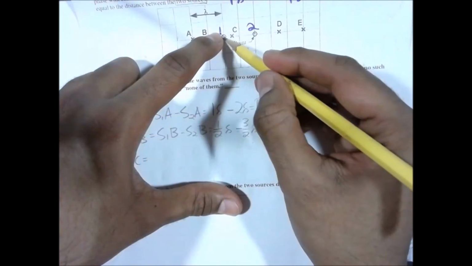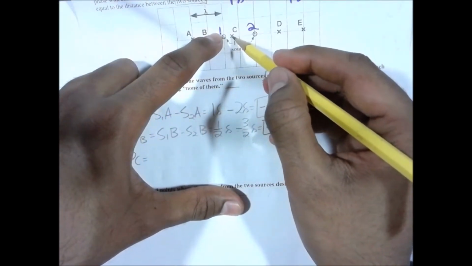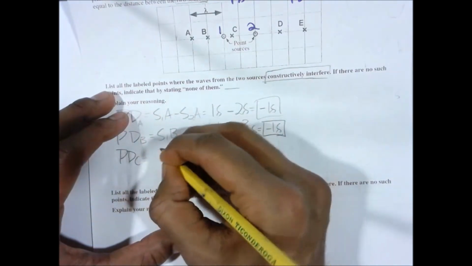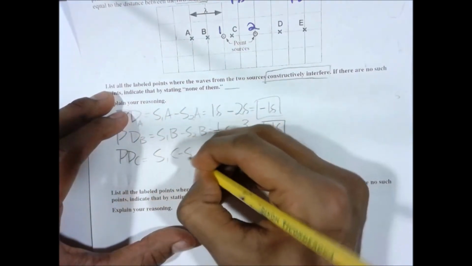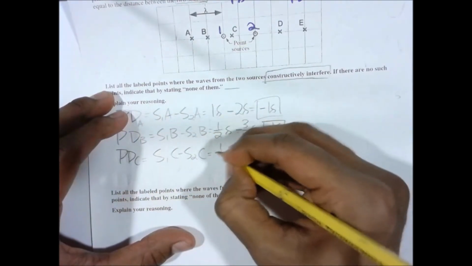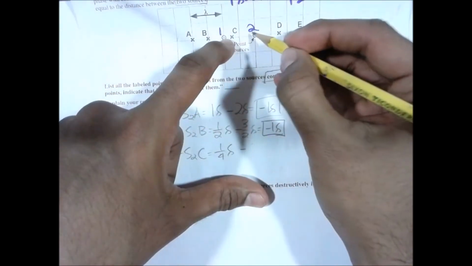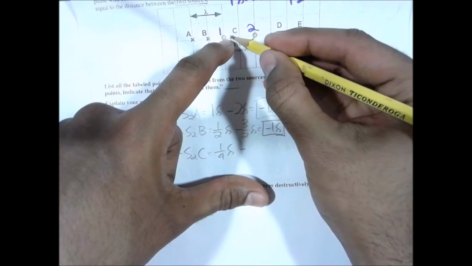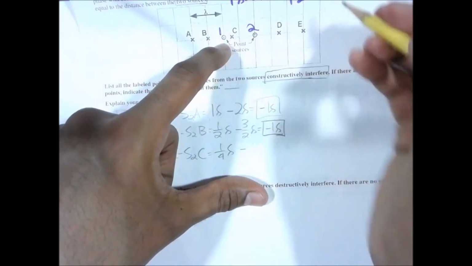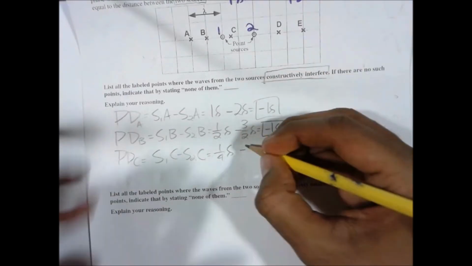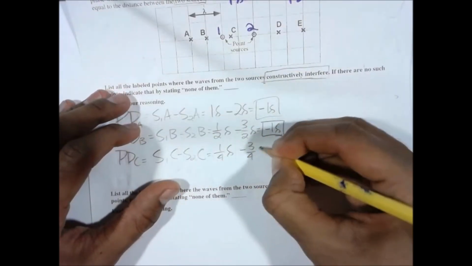For C, that is half of a box, so that's 1/4 of a wavelength. So source 1C minus source 2C is equal to 1/4 of a wavelength minus, from point source 2, that's 3/4 of a wavelength. That's 3.5 boxes. So we'll call it 3/4 wavelength.